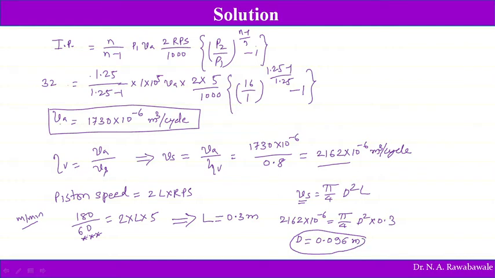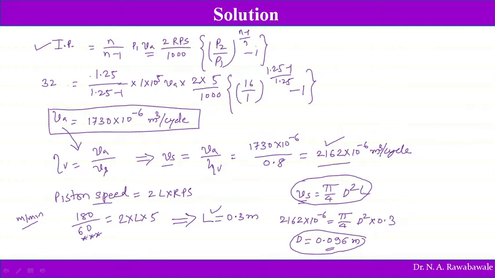So first we find out indicated power. From this we get VA, and this VA we substitute in the volumetric efficiency equation, we get Vs. So this Vs, again from the piston speed which is given, we find out L. So L and Vs we substitute in this equation of swept volume, and from that we get diameter as 0.096.